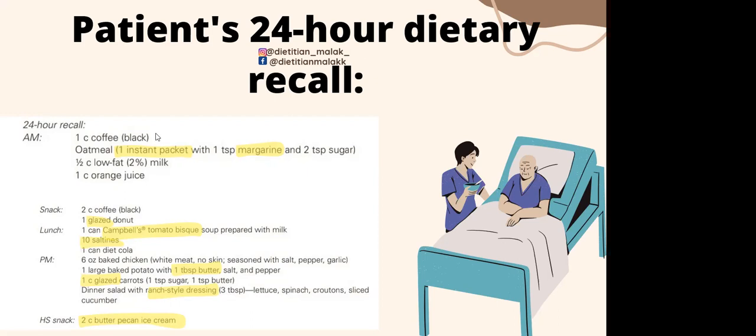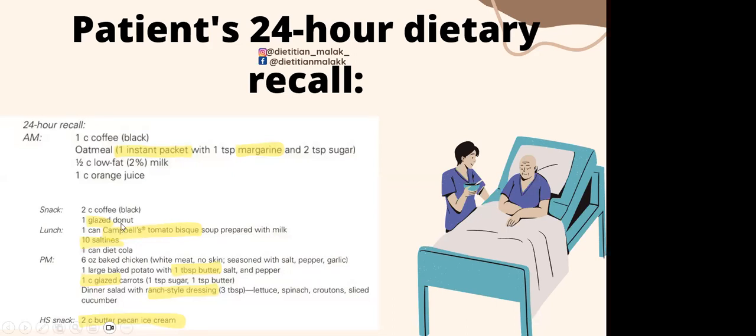Simply because, yes, it is a soluble fiber, it is great, however, it is an instant packet. And as we mentioned before, whenever it is instant, processed, packaged, then it probably has high levels of sodium. Then we have 1 teaspoon of margarine, which is saturated fat. We have a glazed donut, glazed meaning they add fat as well as sugar.